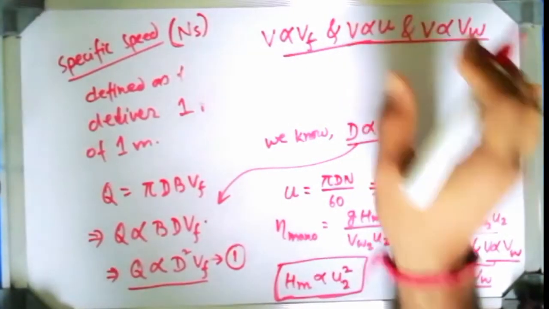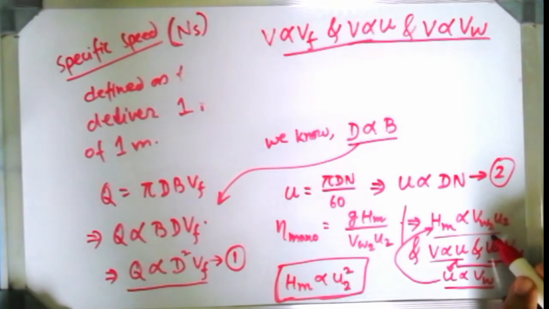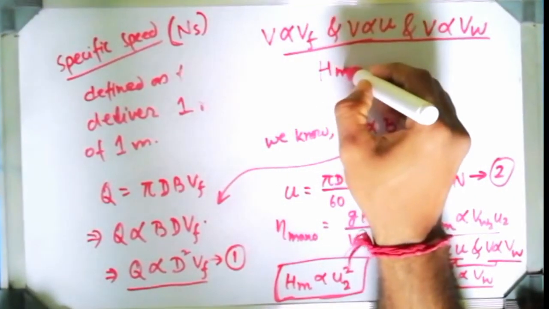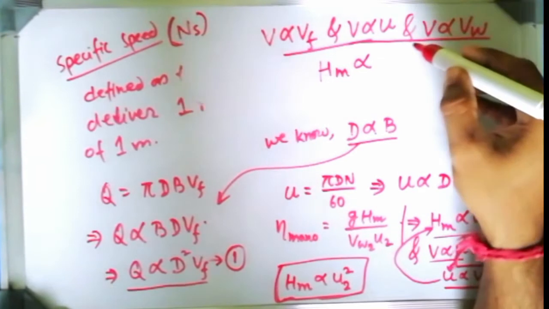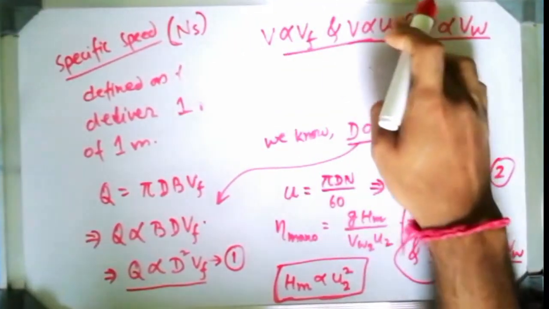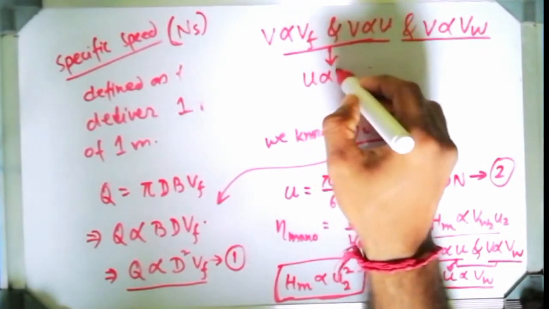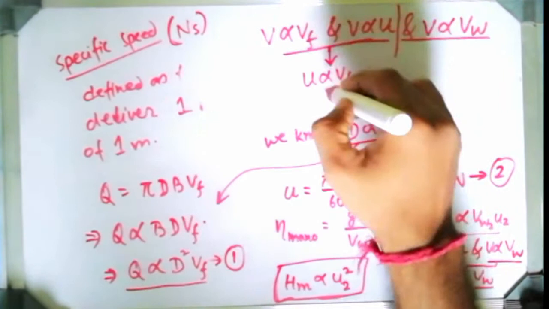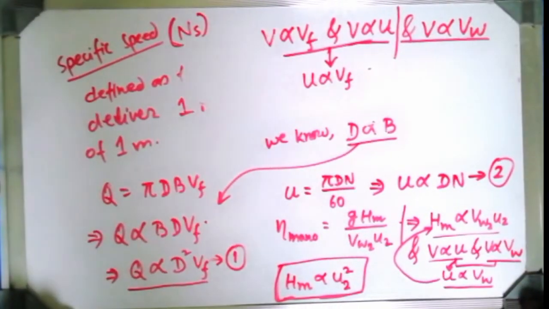From there what I can write, come on to this side, that Hm proportional to, just U is replaced by Vf. Let me show first here, U proportional to Vf I can write from these two relations.